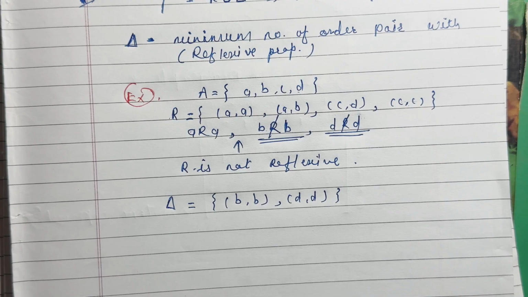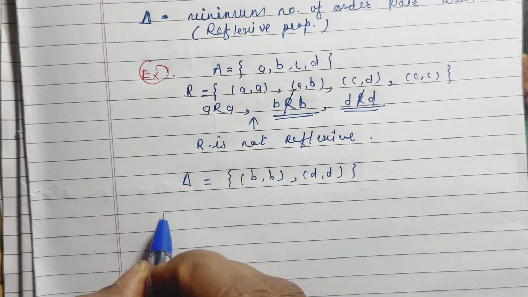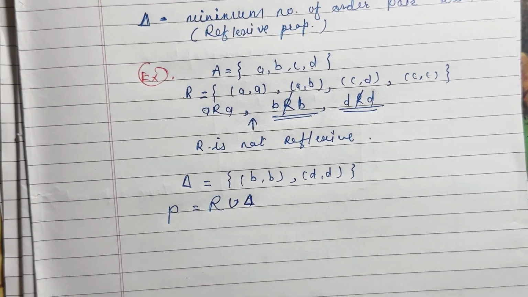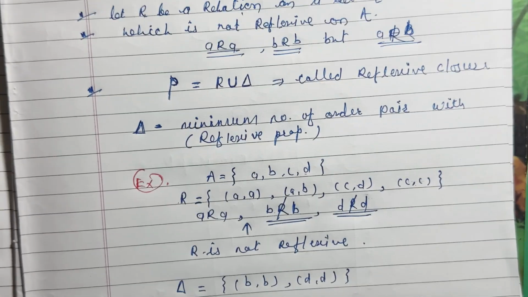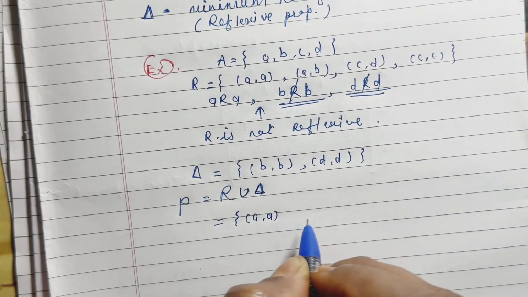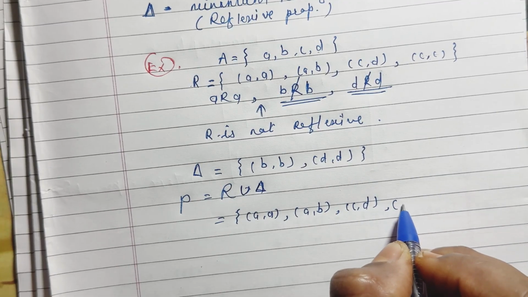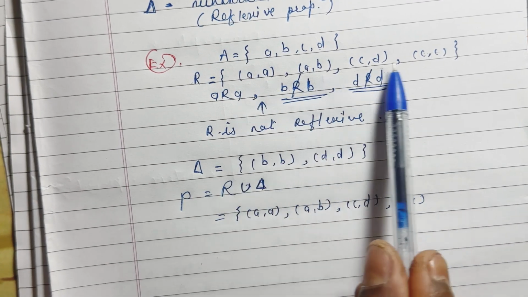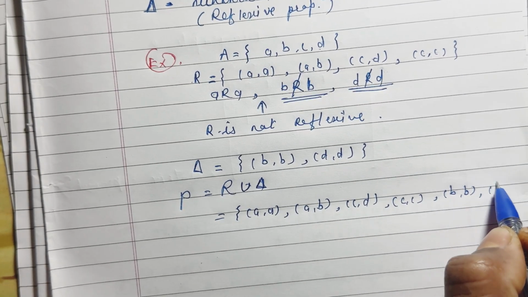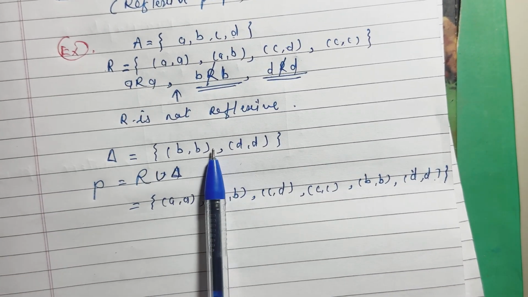Now we have the new set P as R union delta. R is the set (A, A), (A, B), (C, D), (C, C), and delta is (B, B), (D, D).